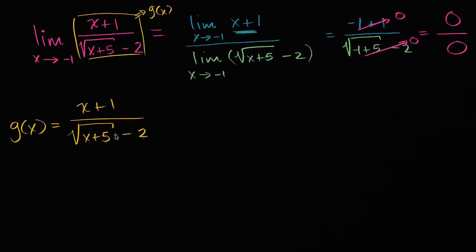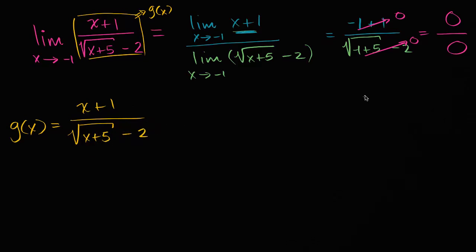Now, the technique we're going to use is when you get this indeterminate form, and if you have a square root in either the numerator or the denominator, it might help to get rid of that square root. And this is often called rationalizing the expression. In this case, you have a square root in the denominator, so it would be rationalizing the denominator. The way we would do it is by leveraging our knowledge of difference of squares.